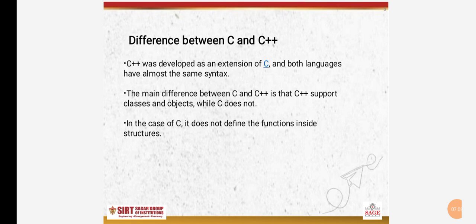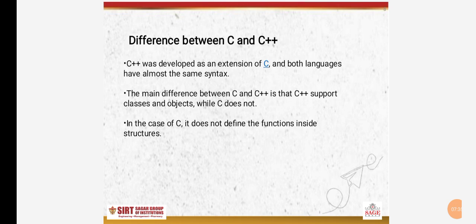That means we can hide the necessary details from the background users. But in C that is not possible. And there is one more concept, polymorphism, in C++. That means one entity has many forms. But in the C language there is no concept of polymorphism.